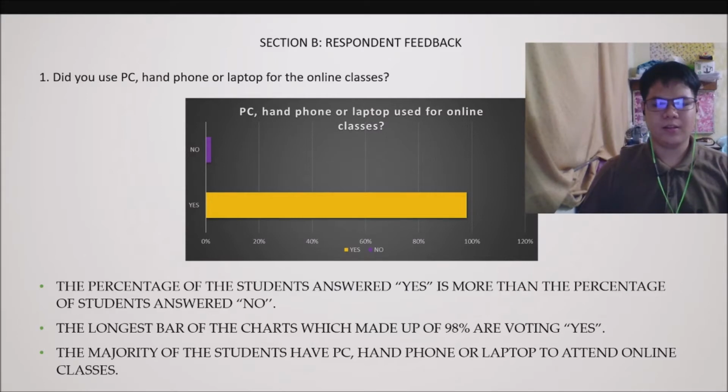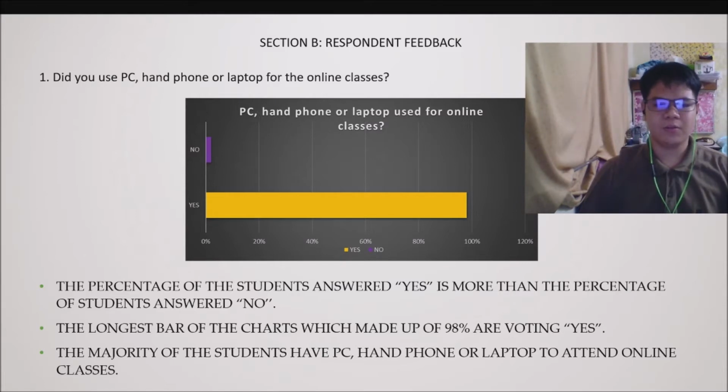The x-axis of this graph indicates the percentage of the 15 respondents. The y-axis indicates yes or no for the respondents.